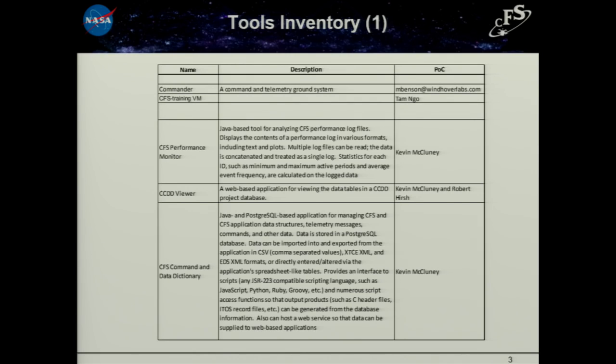There are two performance tools out there. This is the JSC Java version that I'm looking at. Kevin McClooney is the contact. There's a command and data dictionary viewer, which goes with the CFS command and data dictionary tool that JSC has. It uses XML formats to define the packets and lots of other ancillary metadata, even things like pin numbers, all kinds of stuff that go into spreadsheets.